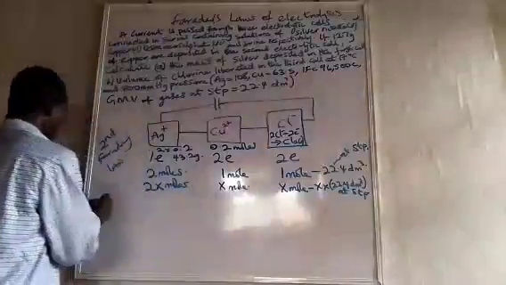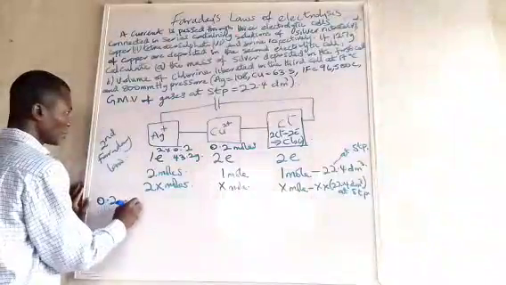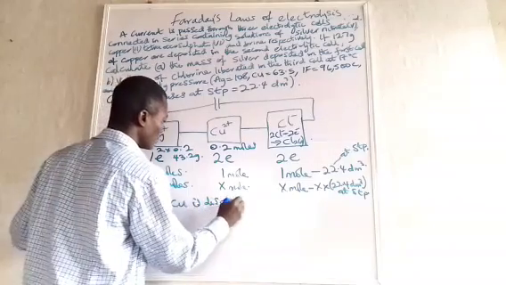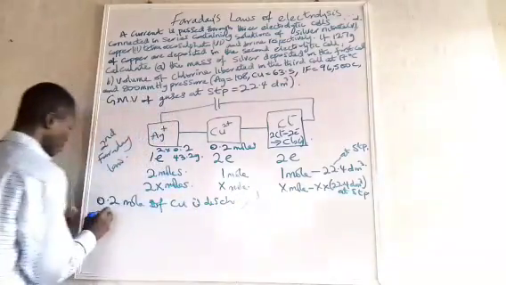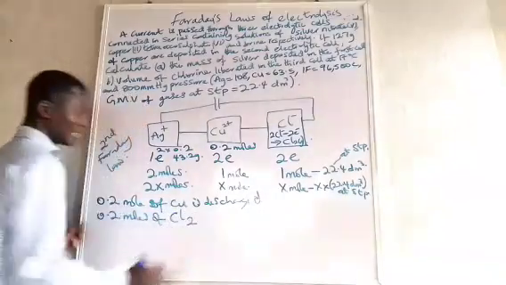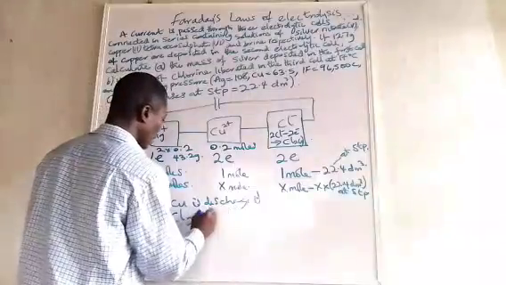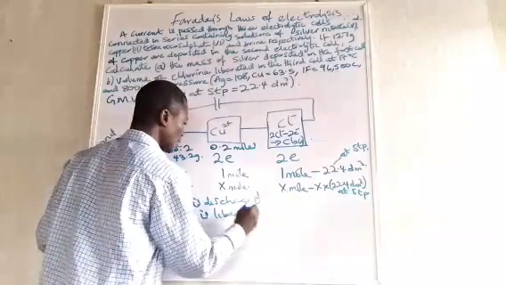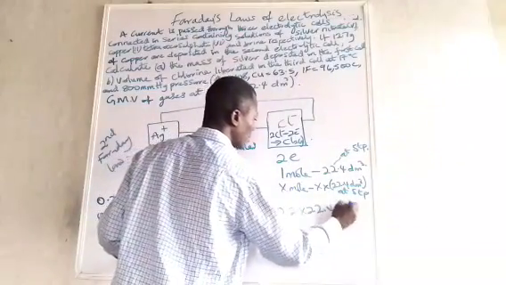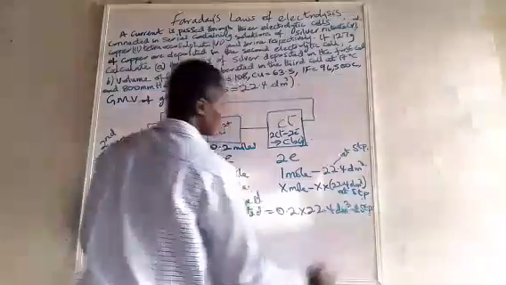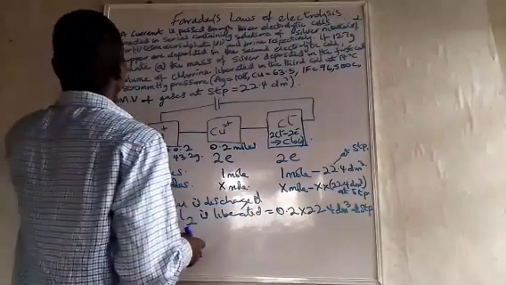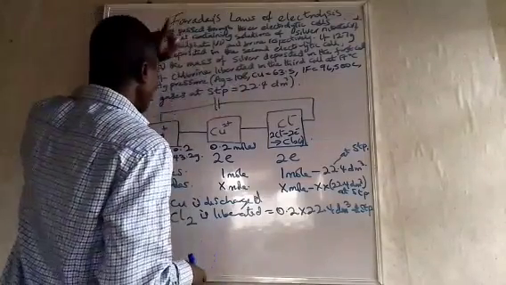Therefore, if 0.2 moles of Cu is discharged, therefore 0.2 moles of Cl2, please take note, Cl2 is liberated, which will be 0.2 times 22.4 dm cube at STP. So that's for this. But we are now told that the temperature is 17 degrees Celsius.